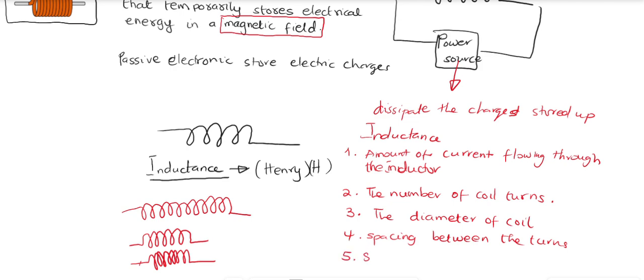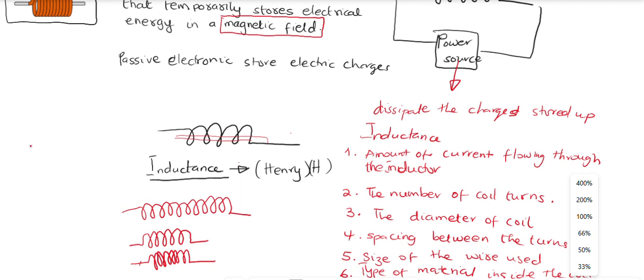Then it also depends on the size of the wire used in making the inductor. Then the last one is the type of material. At times we can put a conducting material within the loops or the coils, so the type of material inside the coil.